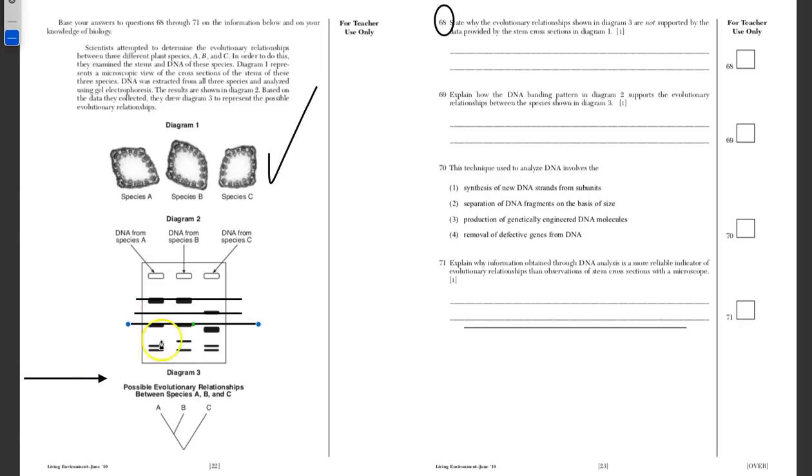Here, A and B check out. This one is by itself. This one's by itself. Let's see if this one. So what you can do is take scrap paper, put it over this.